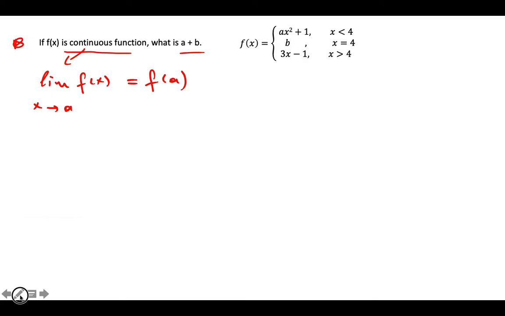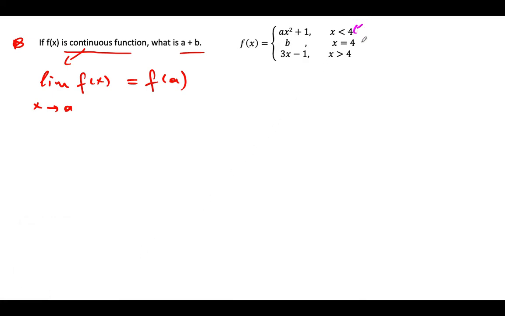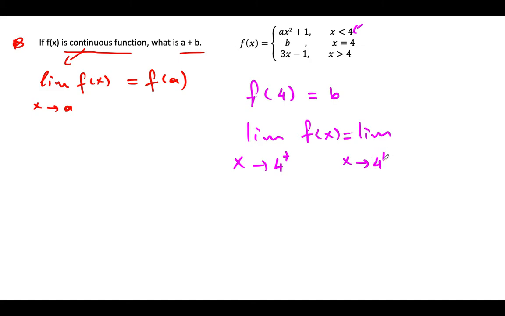So in our question, when we look at here, x is 4, I can say that when x is 4, f of 4 is equal to b. So limit as x approaches 4 from the right side, f of x is equal to limit x approaches 4 plus, which will be a x squared plus 1.